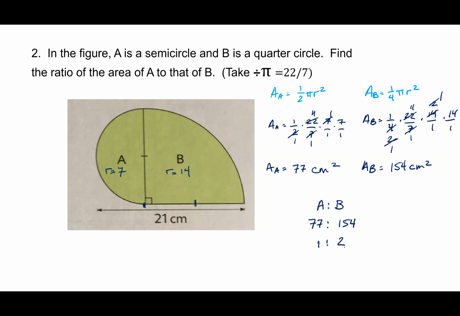Tyler? I'll add them, what if it wasn't the ratio? Oh, you mean like if you added to find the area of the total thing? If you added them together, it would be 154 plus 77.